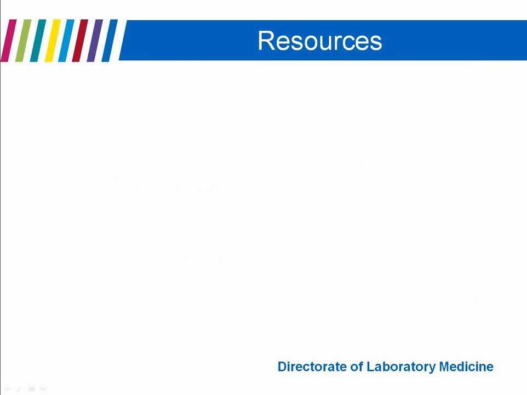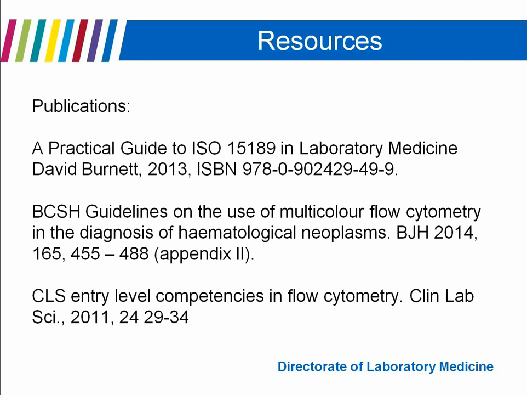In terms of publications, there are not many, although I would recommend David Barnett's guide book if you want to read about ISO 15189 more generally. There's a small appendix at the back of the BCSH guidelines on multicolor flow cytometry that covers competence assessment.